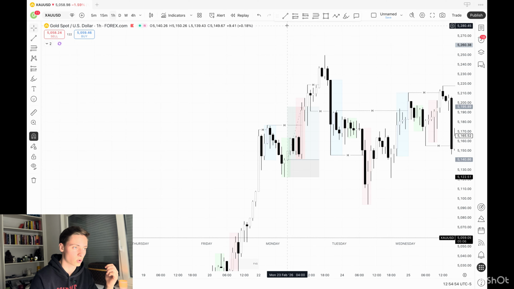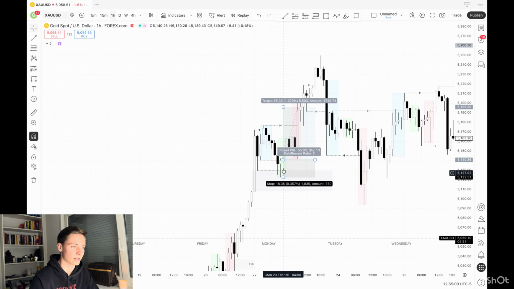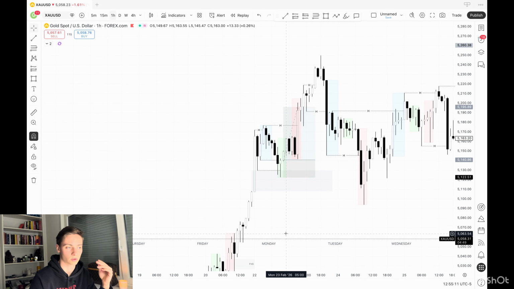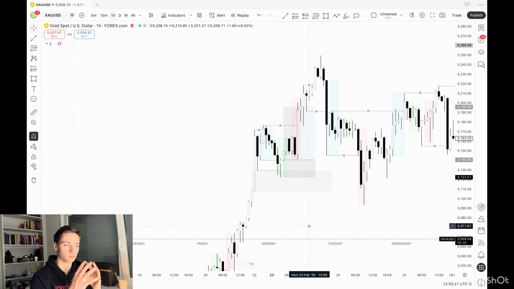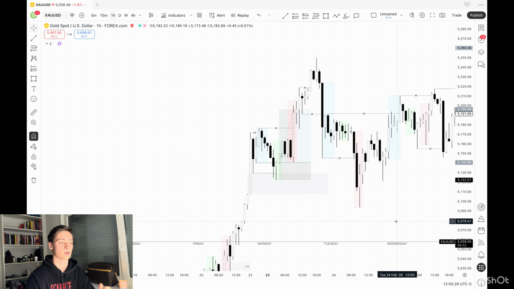I'm waiting for the Asian low to get swept, and then also some immediate small low to get swept into the point of interest for a fair value gap. Then I drop to a lower time frame and search for my entry confirmation. It doesn't really matter; the most important thing is the Asian low sweep, some internal low sweep into my point of interest, and then confirming the reaction, and it plays out. Really simple.